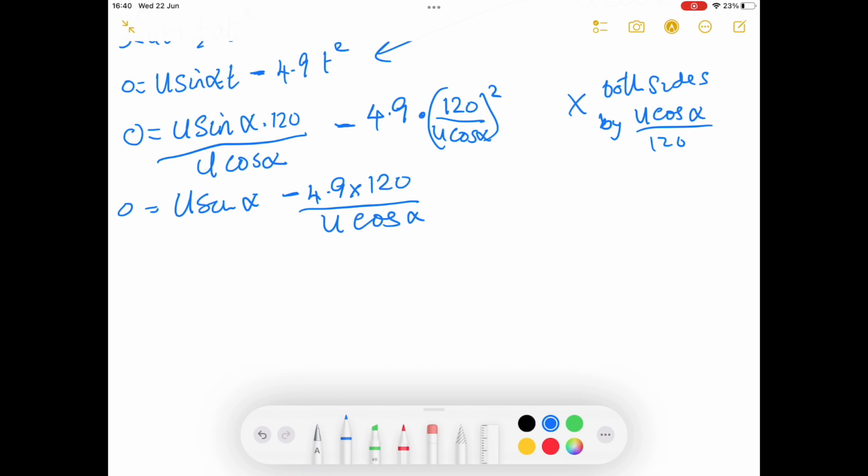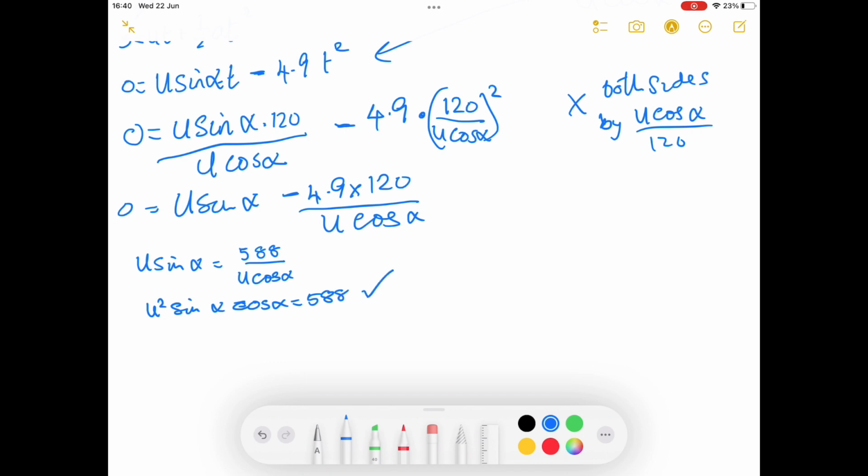So put u sine alpha to equal 4.9 times 120, which is 588, all over u cos alpha, and then put u cos alpha over the other side, and you get u squared sine alpha cos alpha equals 588. Come on, write it properly. There you go. That's the proof in the first part, A.